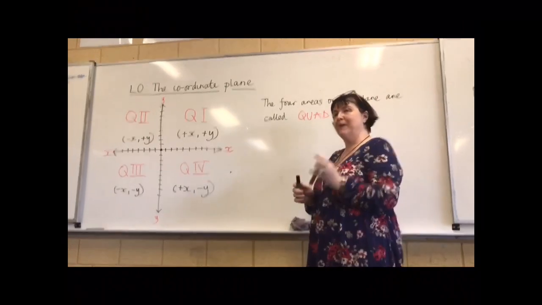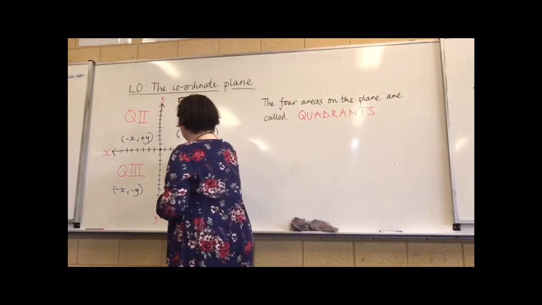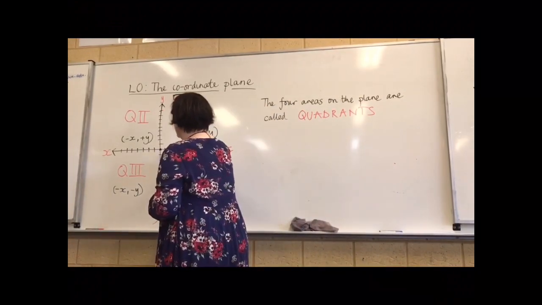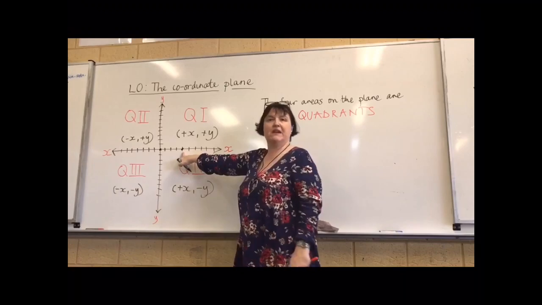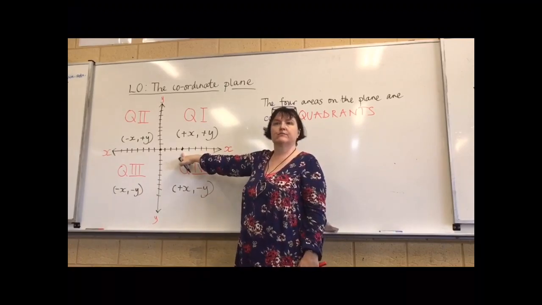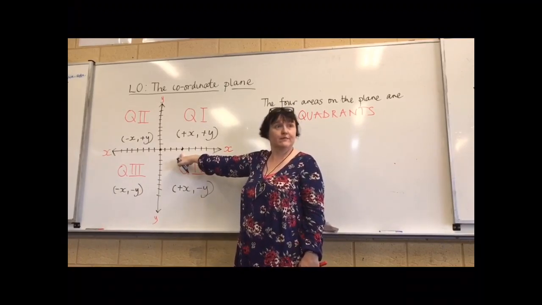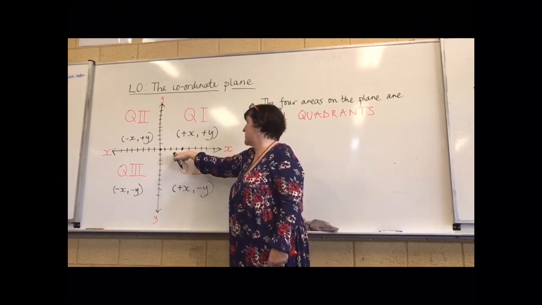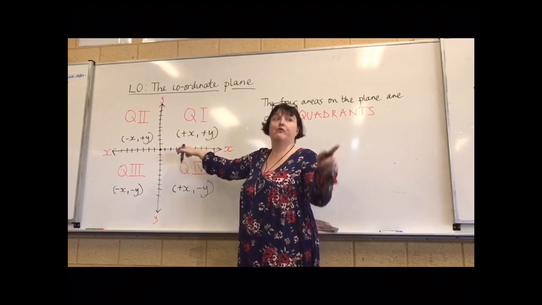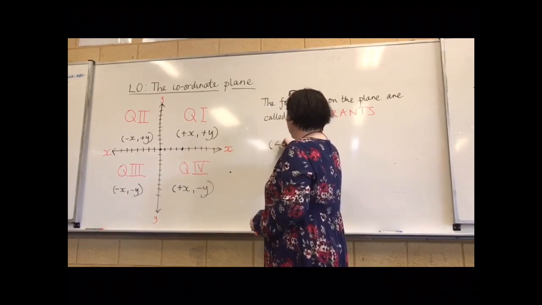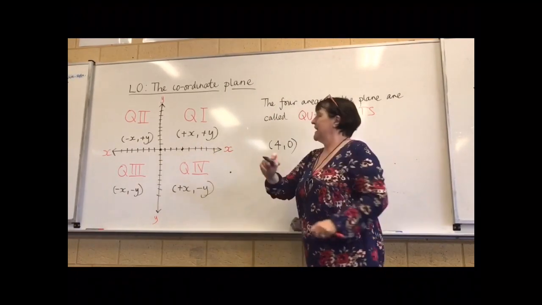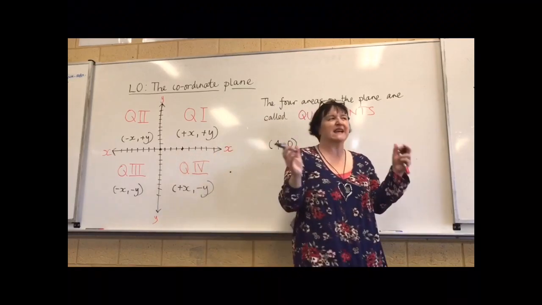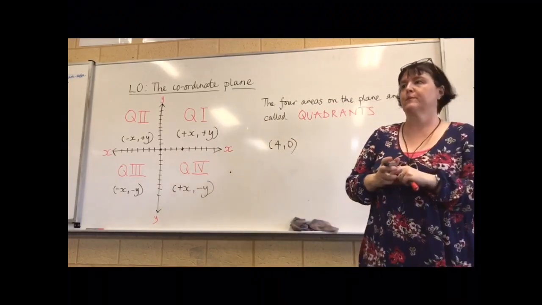Now, what about if I plot a point here? What would that coordinate be there? Can you count how many across it is? It's 1, 2, 3, 4. That would be 4, 0. 4, 0, that's right. Now, this point here then, where is it?